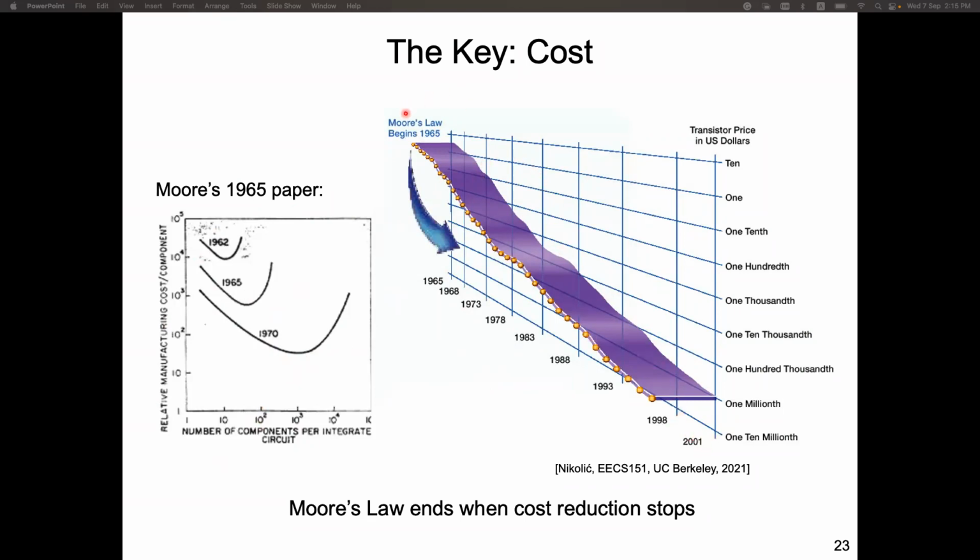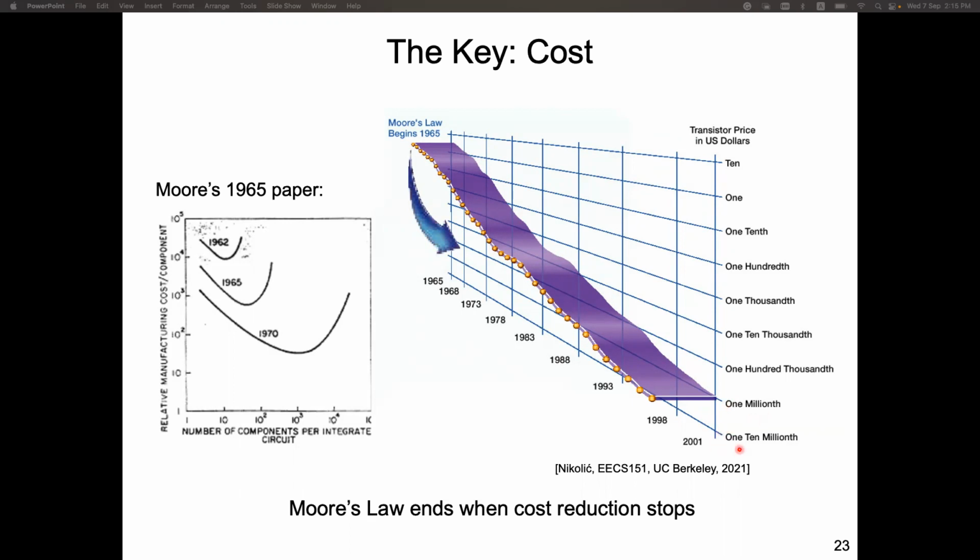This is the cost per transistor in terms of US dollars. This is $10 per transistor, $1 per transistor. In year 2000, the cost per transistor is a millionth of a dollar.